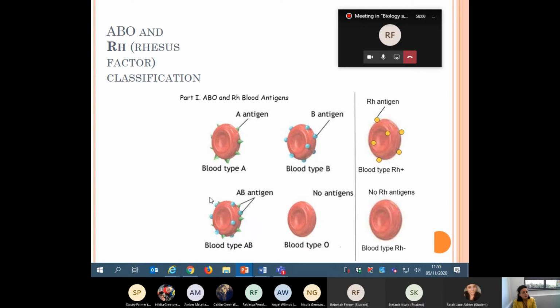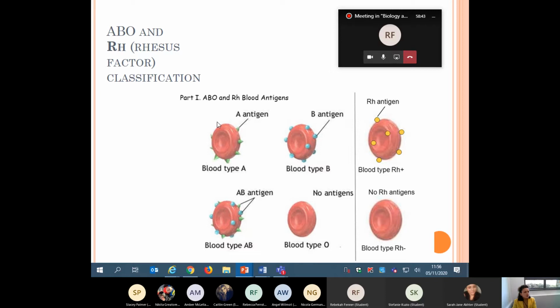Why is that important to know? Because if you try to, for example, transfuse blood group B into somebody who has blood group A, the immune system of the person with blood group A is going to come across these foreign antigens and say, I don't know what you are, you must be an invader. You must be a bacteria or a virus or a nasty thing which I need to get rid of, I need to attack.